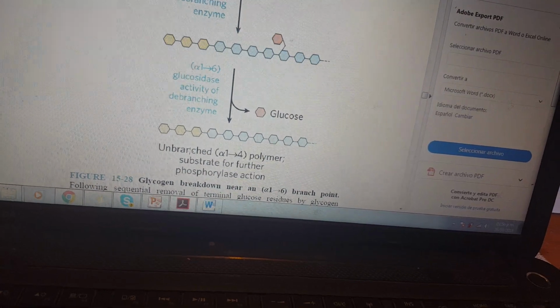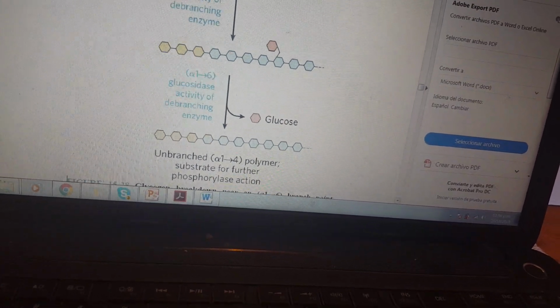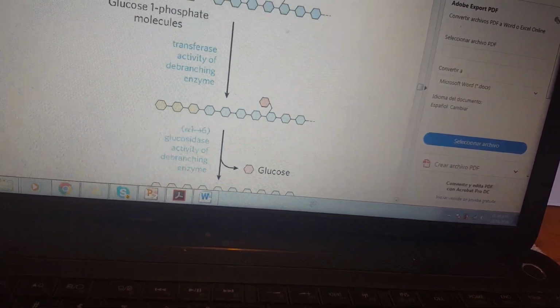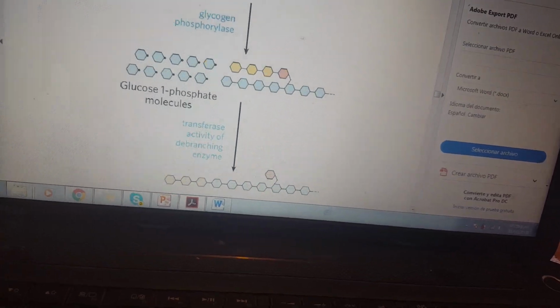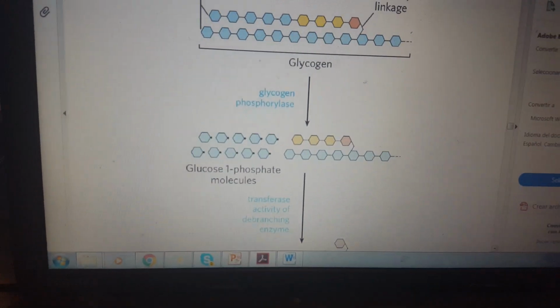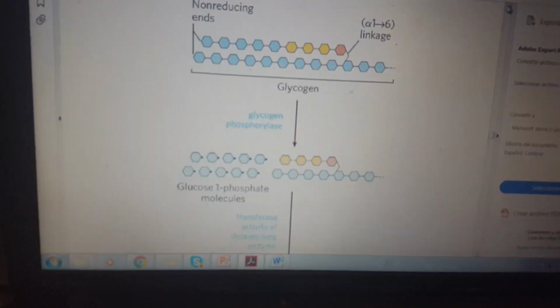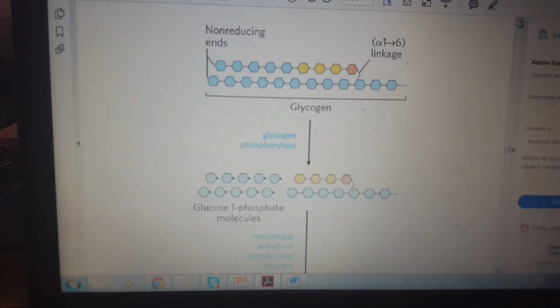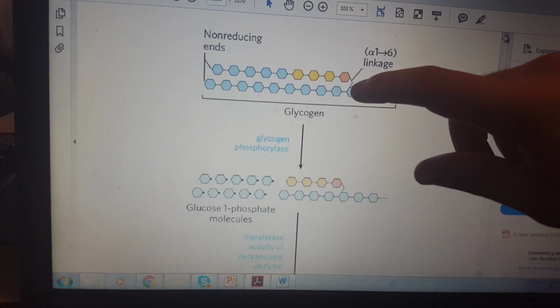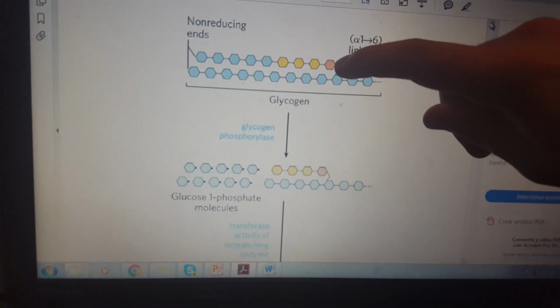We're going to start with 2 essential enzymes. As you can see here, we have the glycogen molecule, and this is the branch that we are talking about.